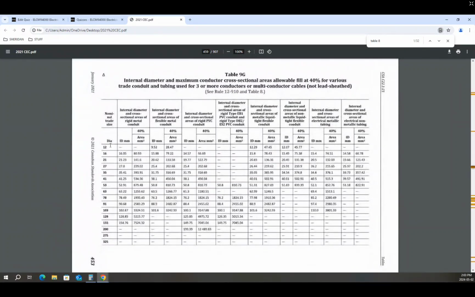So I'm looking for 511 internal diameter.